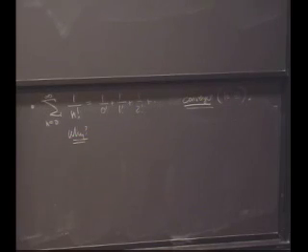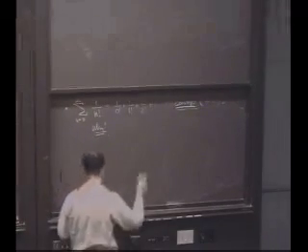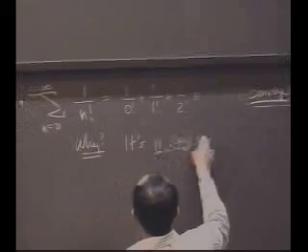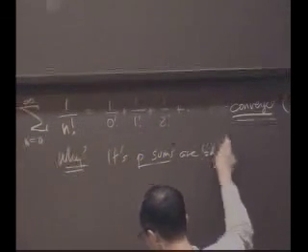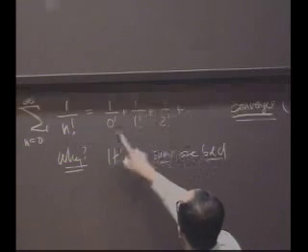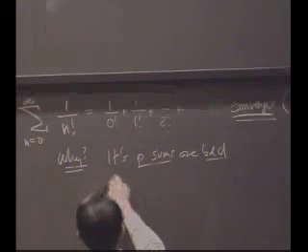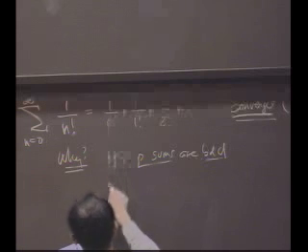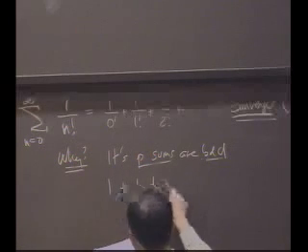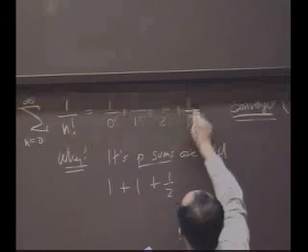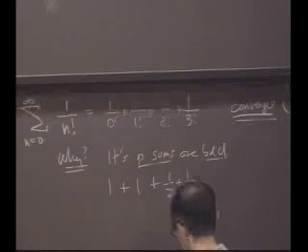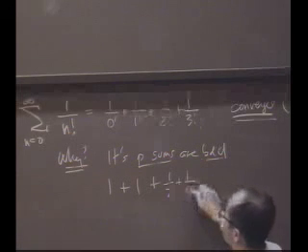Are the partial sums bounded? Yes! The partial sums are bounded, and that's easy to show. Would you agree this is less than 1, this is less than 1, this term is less than a half, and the next term, 1 over 3 factorial, is less than 1 over 2 squared?